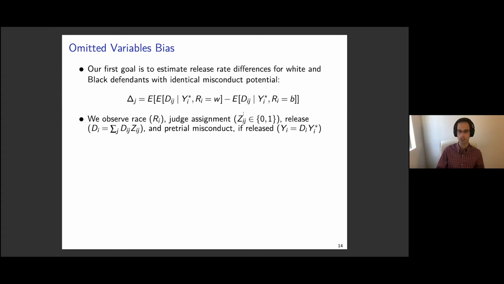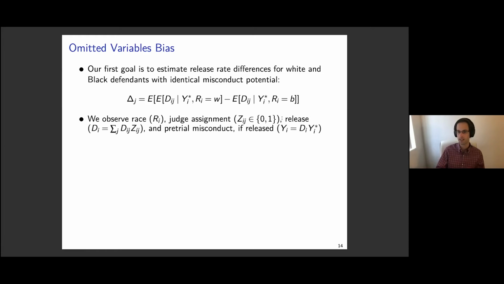We observe judge assignment, Z_ij, which is equal to 1 if defendant i is assigned to judge j. We observe the release decision of the judge that the defendant is actually assigned to. And we observe pretrial misconduct if released.